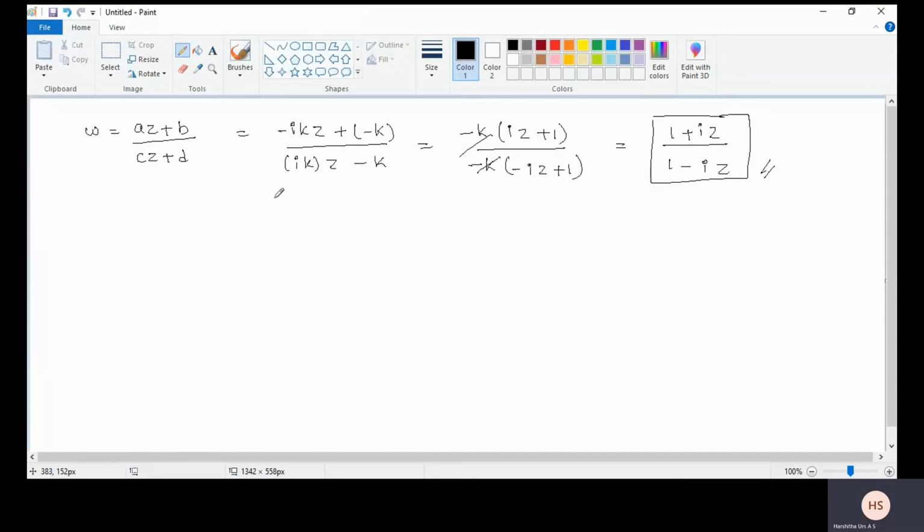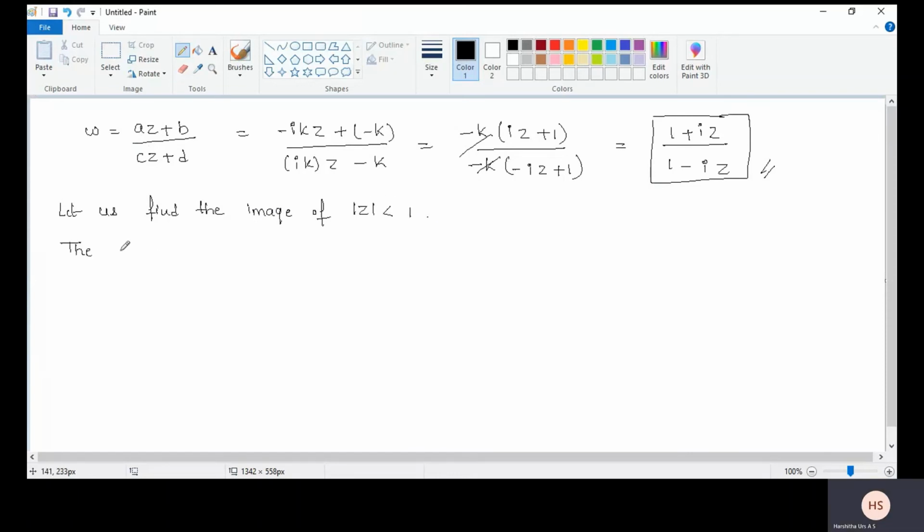Now, the next they have given is to find the image of mod z is less than 1.